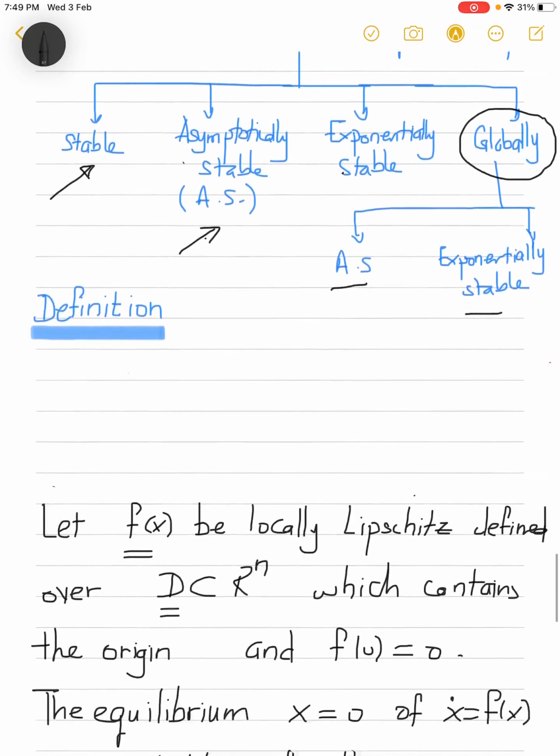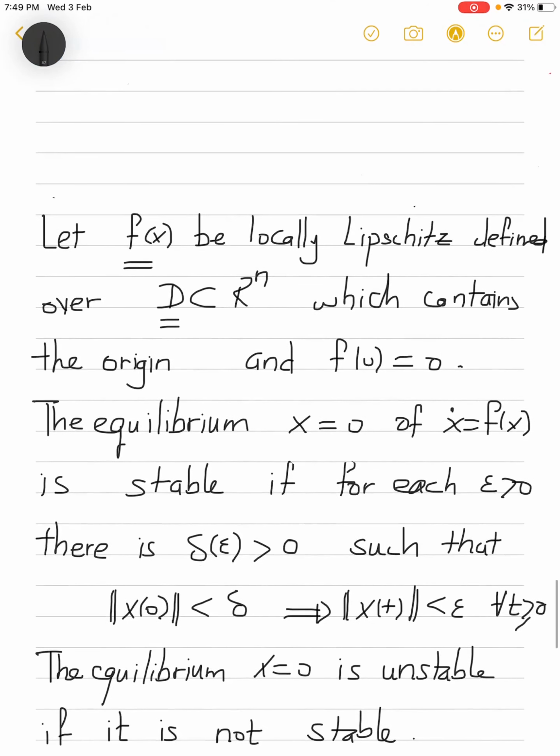Now let's go to the definition. If we consider a function f of x, and that f of x is a vector field, and it is locally Lipschitz over a domain D, which is a subset of the real space of dimension n, and that space D must contain the origin.